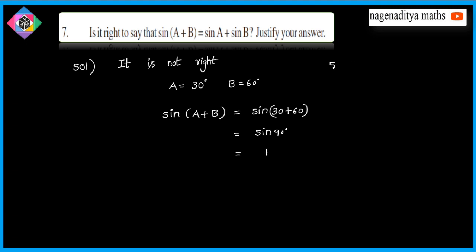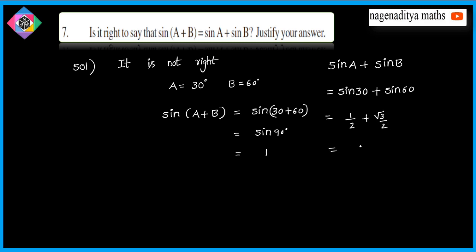Now sin of A plus sin of B is equal to sin 30 plus sin 60. Sin of 30 is 1/2 and sin of 60 is root 3 by 2.